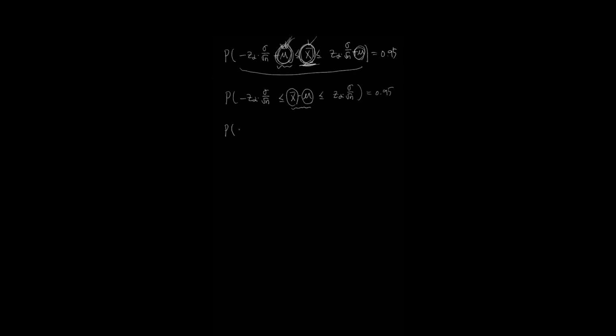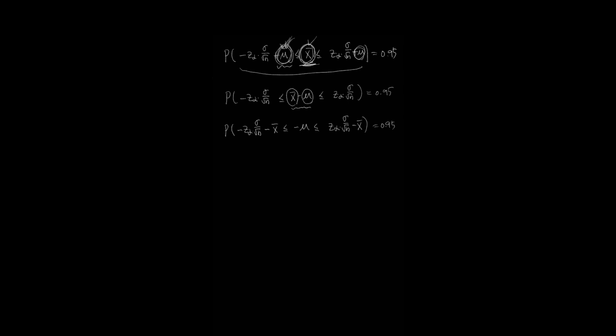So again, it would be something like this, minus X bar, and minus mu, and minus X bar, like this. And now we succeeded in locating mu in the center, but it's kind of uncomfortable to see because there's a negative sign in front of it.